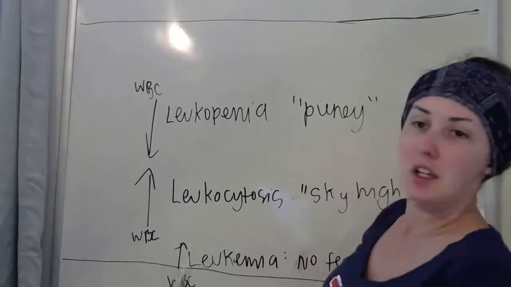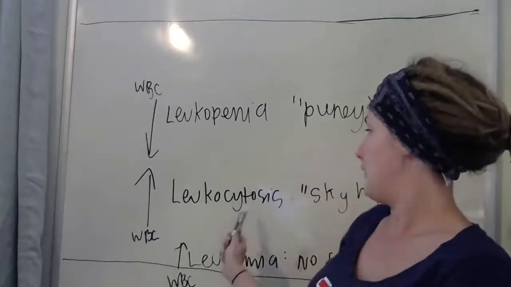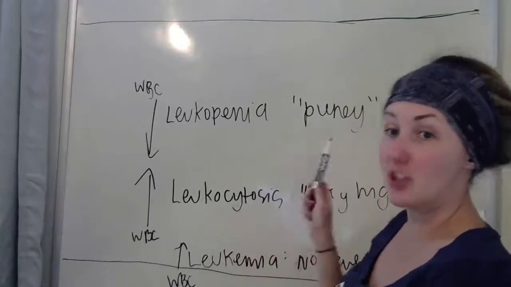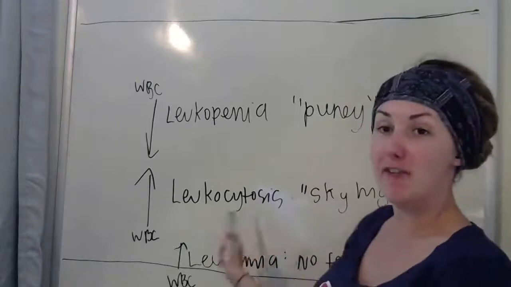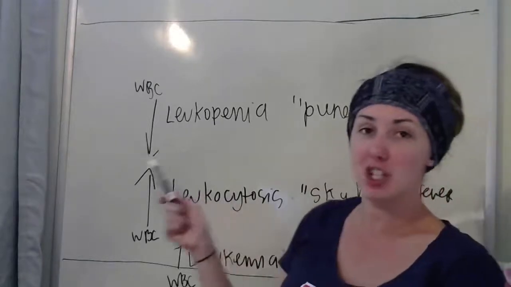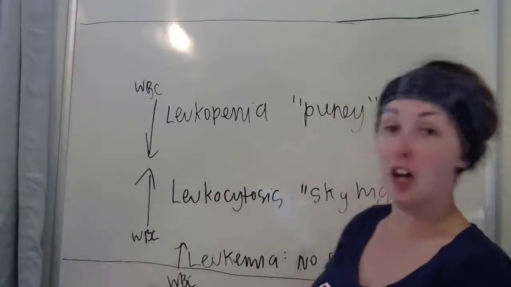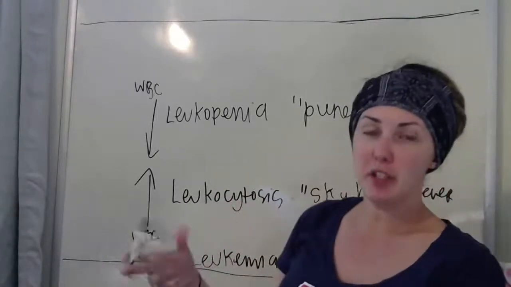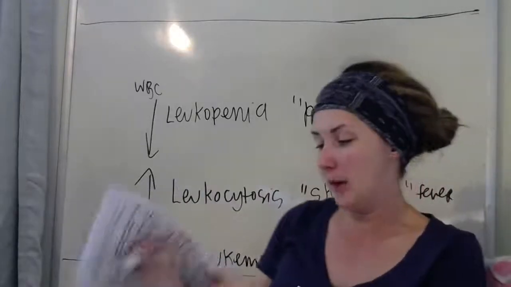When you are checking somebody's CBC, if you see that they have a white blood cell count that is really, really high, and they have a fever, that means their body is fighting an infection. But if you see that they have a really, really high white blood count and there is no fever, it's almost always blood cancer, which is leukemia. So one's accompanied with fever and one is not.